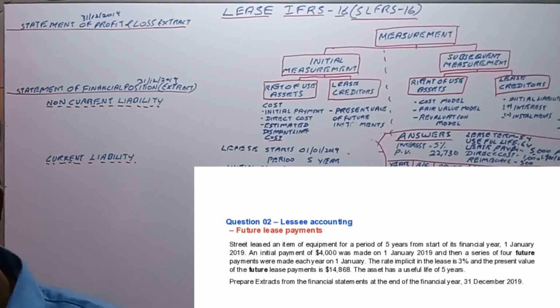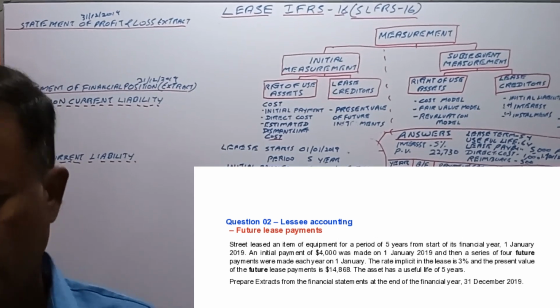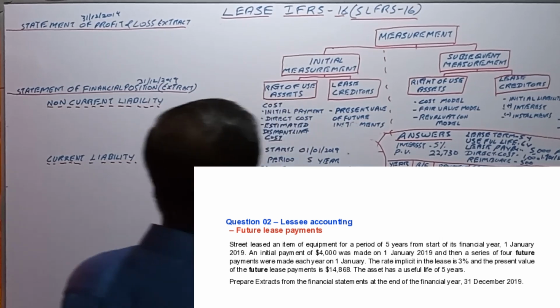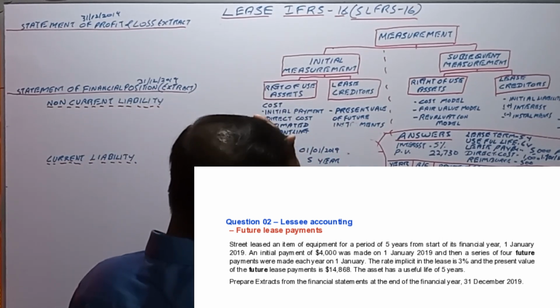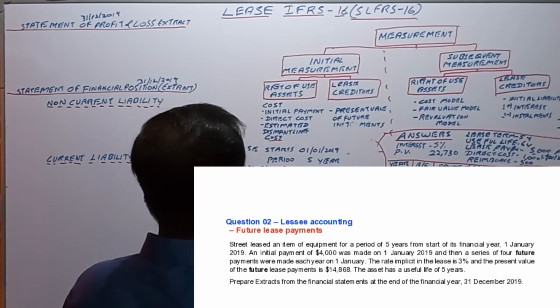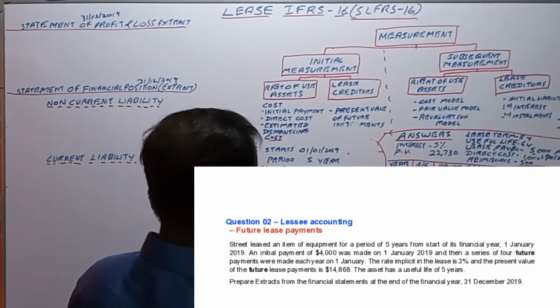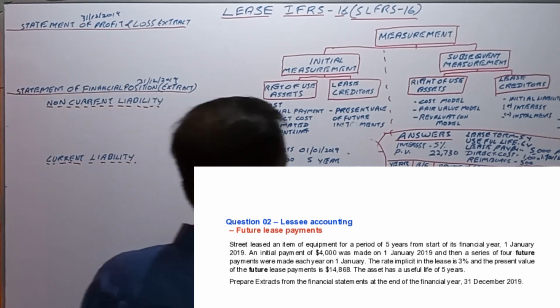As per the question, the lease starts on 1st January 2019, for a 5-year period, initial payment 4,000, and the present value of future payments.